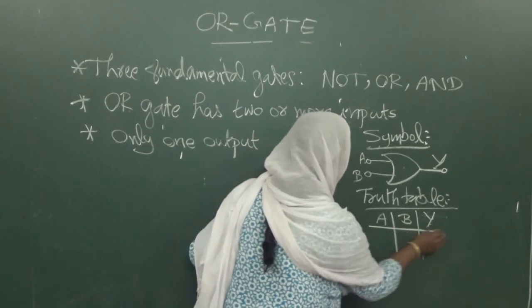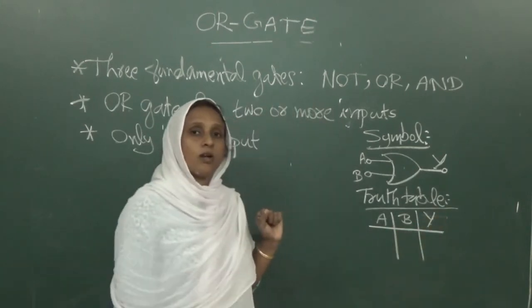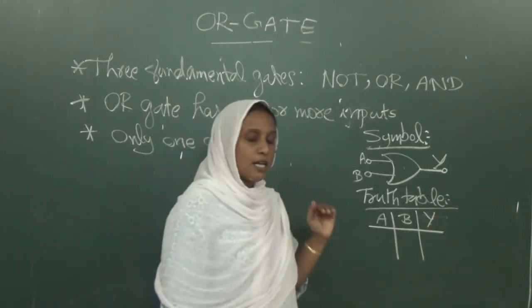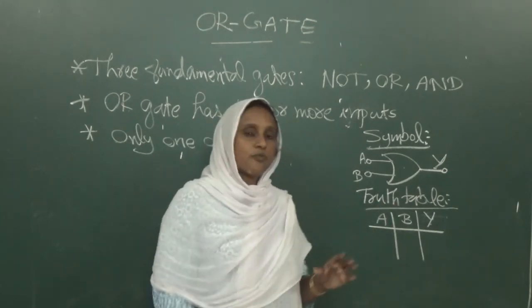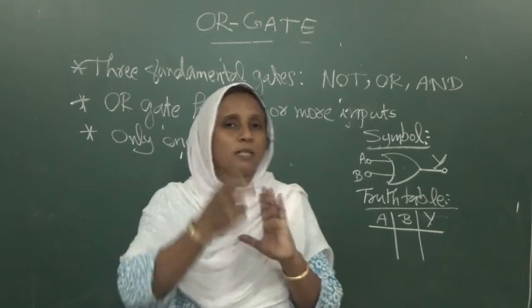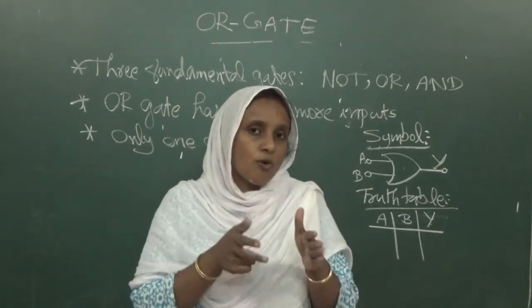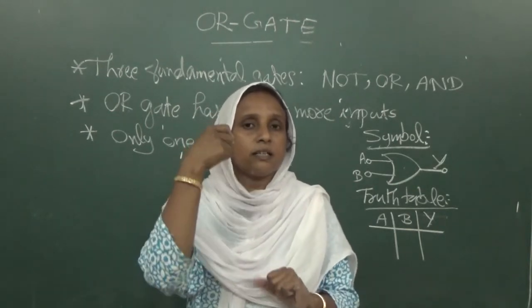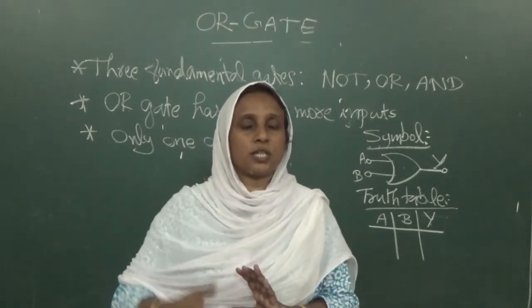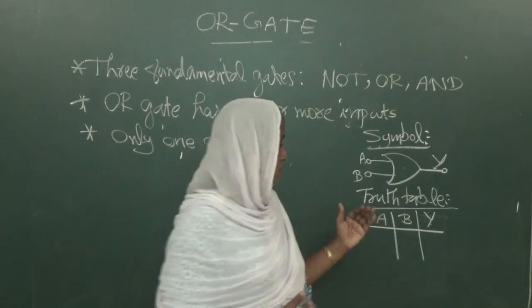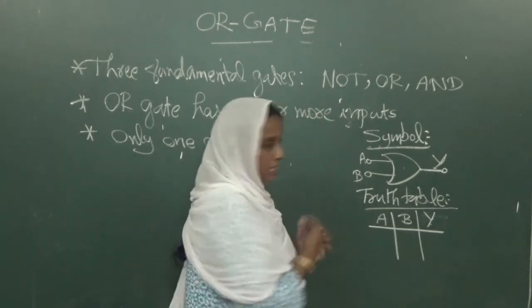Now, we can write the input high or low here. Since we have to include all the possible cases, we can follow a sequence just like counting in the binary system: 0, 1, 2, 3, and so on.